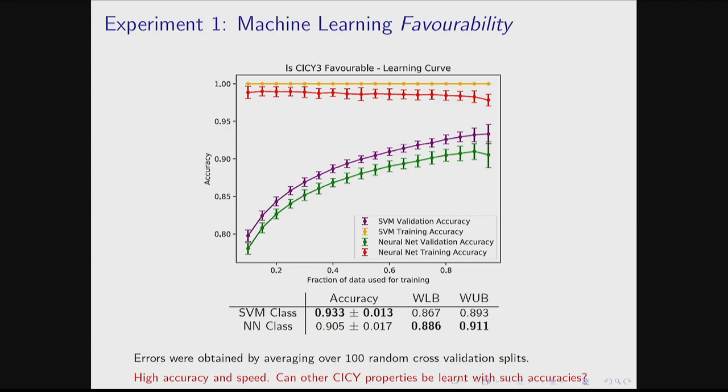So you see accuracy improving as you train with a larger and larger fraction of the data, which is all very nice. And the y-axis is the accuracy. This was a binary classification problem. So we input a CC matrix and we ask the question, is it favorable or is it not? And it's able to do this with a high degree of accuracy, which is nice.